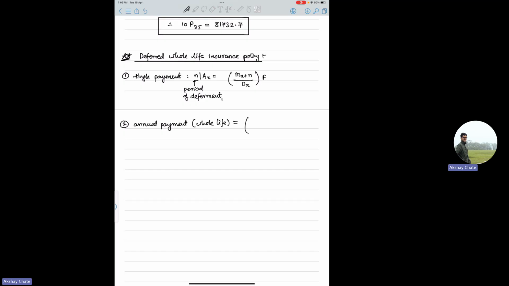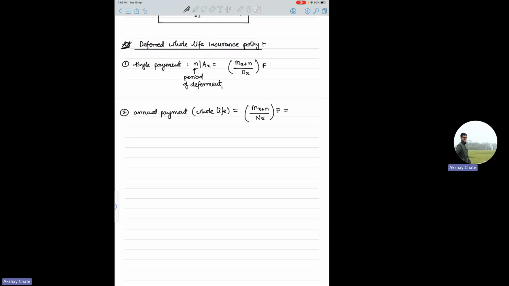The only change is the denominator changes. So instead of Dx, it will be Nx. Right, the same formula is there. Okay, this you can write as npx, but here there will be a vertical line between these two.